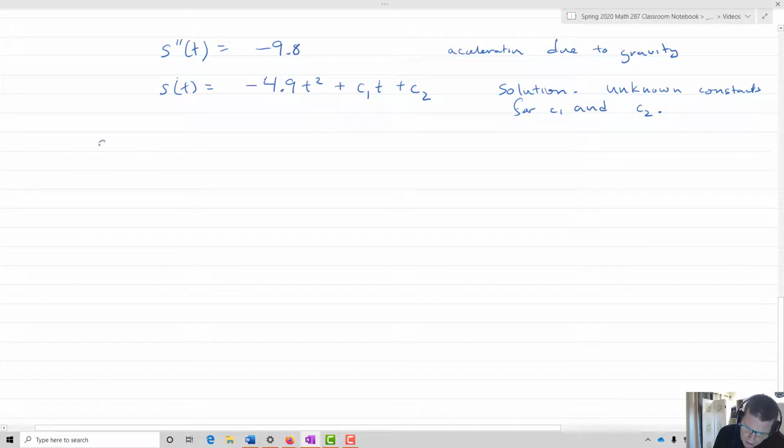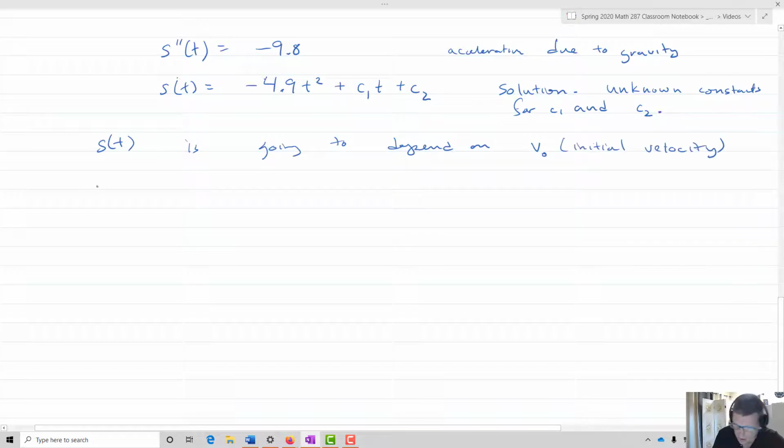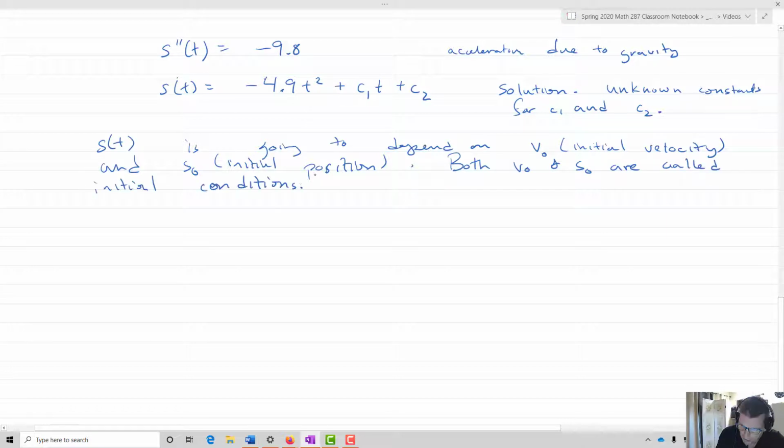So s of t is going to depend on v naught, our initial velocity, and s naught, our initial position. Both v naught and s naught are called initial conditions. The reason we have to have initial conditions is to notice that every time I take a derivative, I lose information about the constant.